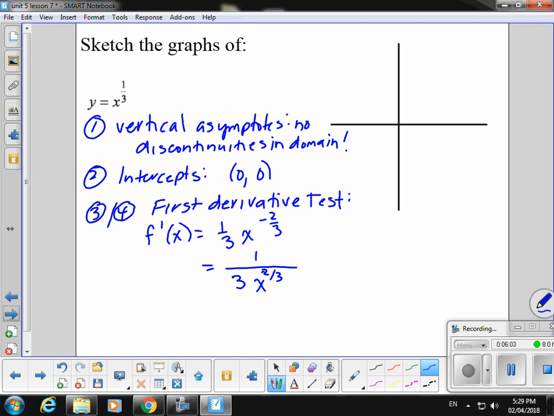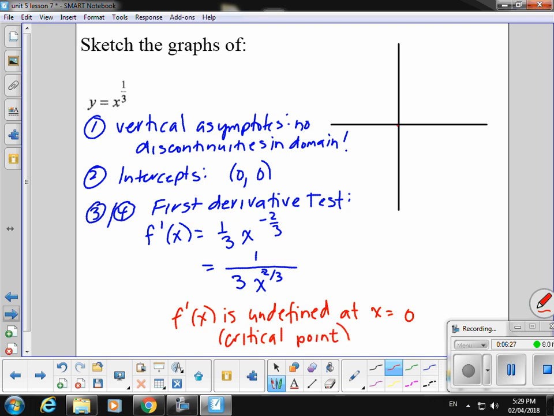This is undefined at x equals 0. So that is a critical point. We already know that this critical point is 0, 0.